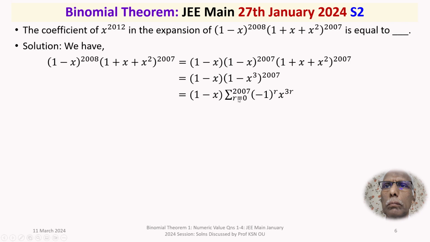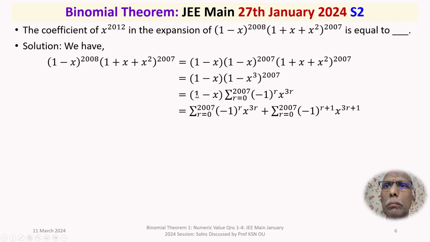This is equal to sigma r equal to 0 to 2007 of (minus x cube) to the power of r, that is, minus 1 to the power of r into x to the power of 3r, where r varies from 0 to 2007. Right. So we have taken care of minus x cube. Therefore, this is sigma minus 1 to the power of r into x to the power of 3r.